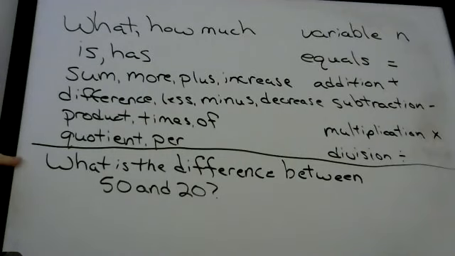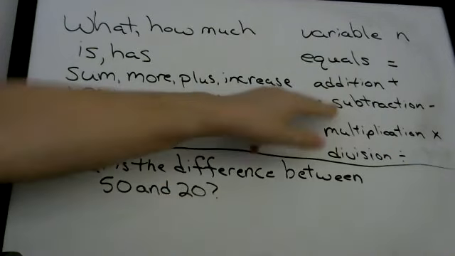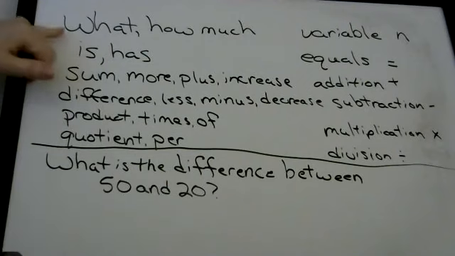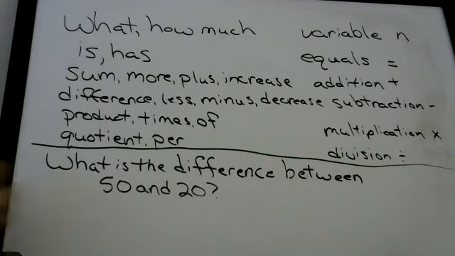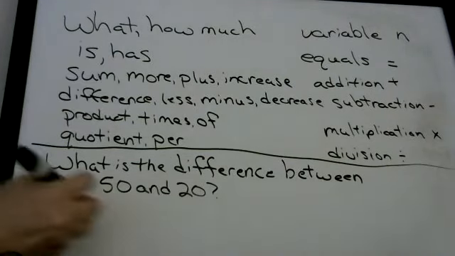Here's an example problem. What is the difference between 50 and 20? If you know what the word difference means, you know that there's going to be a subtraction involved. Algebra can also involve a little bit of common sense, right? But let's use this to figure out what we're going to do. What is our variable? We're going to use n as our variable, is means equals.